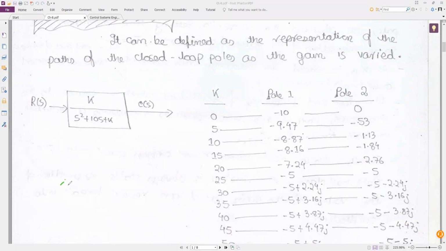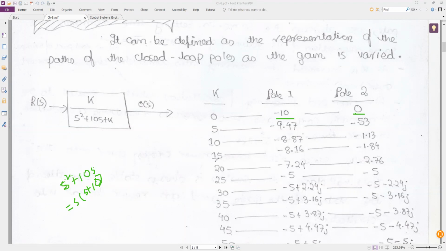If K is 0, the expression is s square plus 10s, so you can factor it and take the values. So it would be -10 and 0, two values.